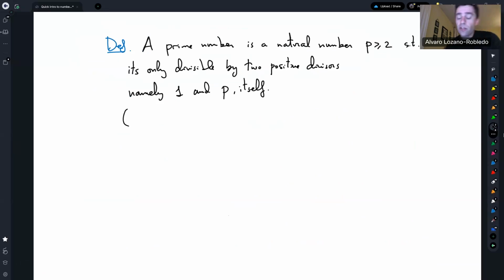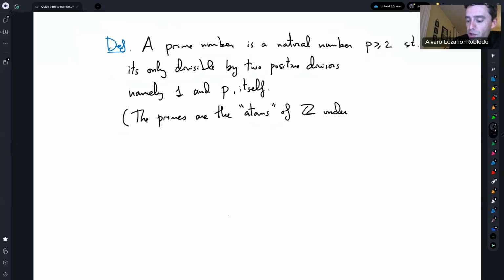Why are these interesting to begin with? Because these numbers that have no other positive divisors other than 1 and itself are the atoms of the integers on their multiplication. So the primes colloquially are the atoms of the integers on their multiplication.